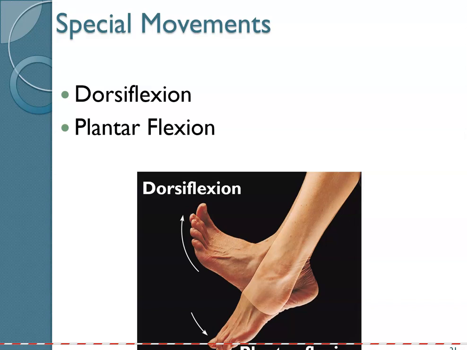So when we are in anatomical position, when we are standing, the arms by our sides, the palms are facing forward. So the palms will be anterior, while the other side is posterior, which is called dorsal. So similarly, the foot is going to be the palm equivalent, called plantar region, and then the top will be the dorsal region. So dorsiflexion is bending the toes up, while plantar flexion is bending the toes downwards.